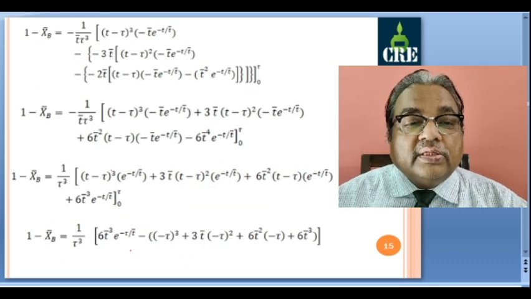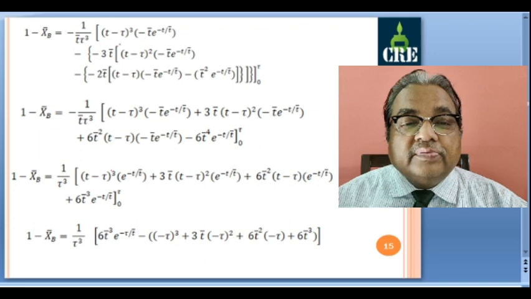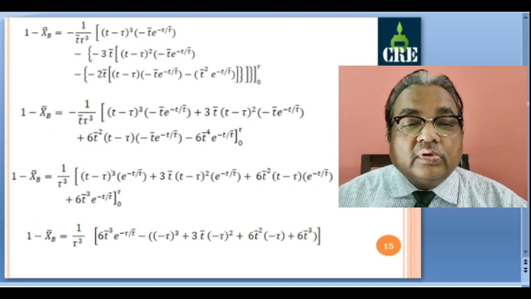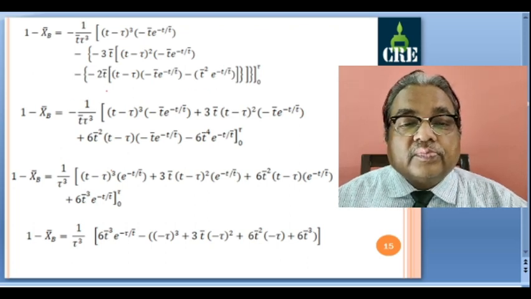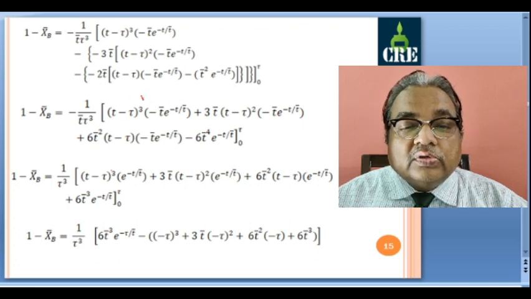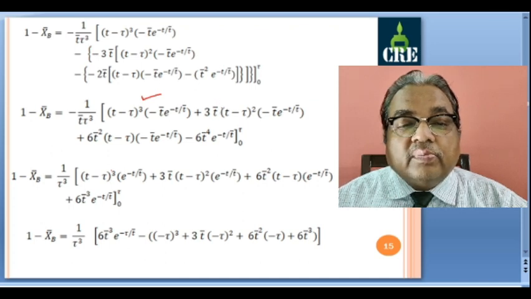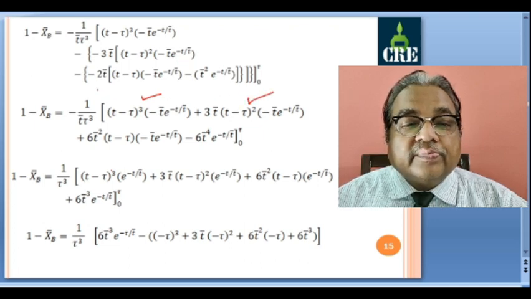Now we will substitute all these values of a, b and c. So a we have substituted, minus b, minus c. All these values I substitute from the previous equations. So the first term is (t minus tau) whole cube, minus t bar, into e raised to this one. Minus minus plus plus, t by t bar, (t minus tau) whole square, minus t bar, this is the second term I get.